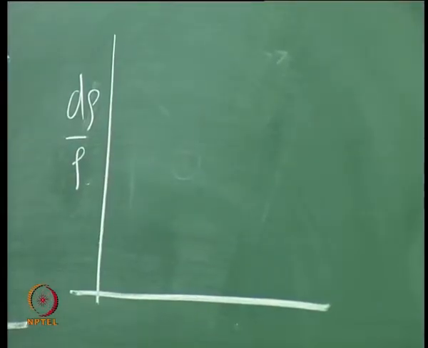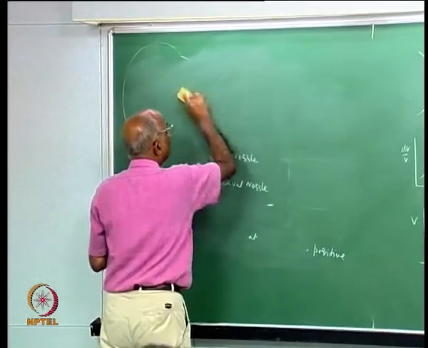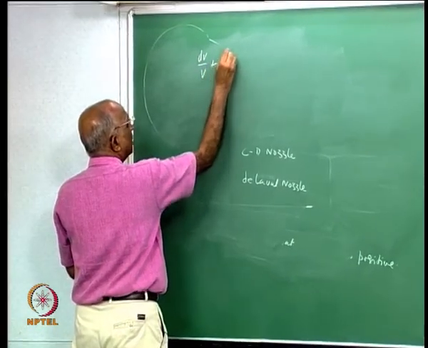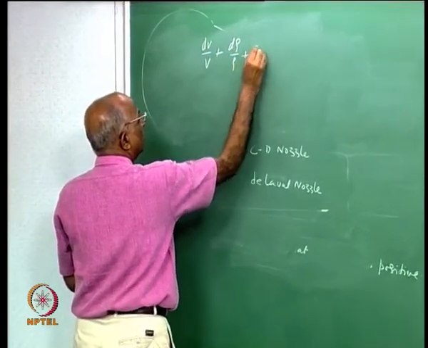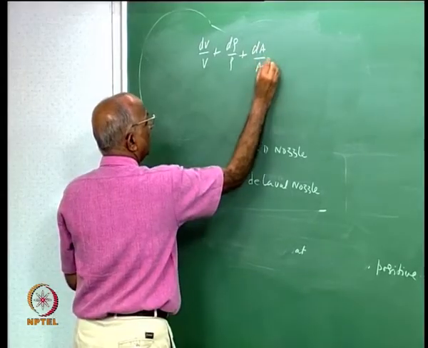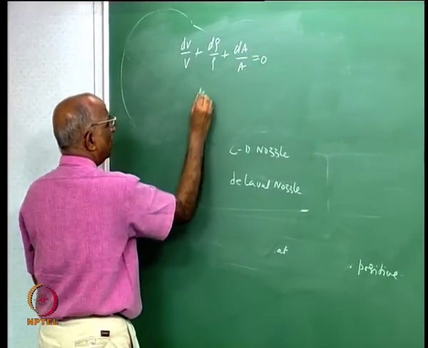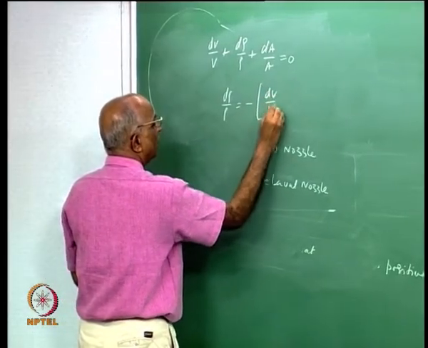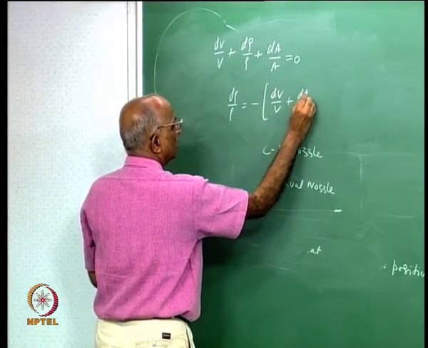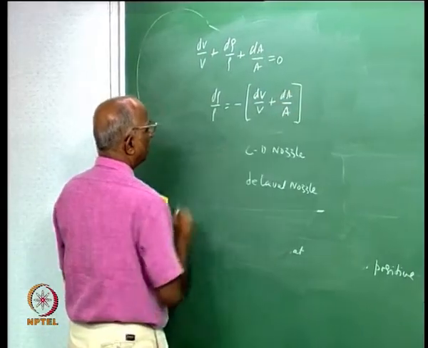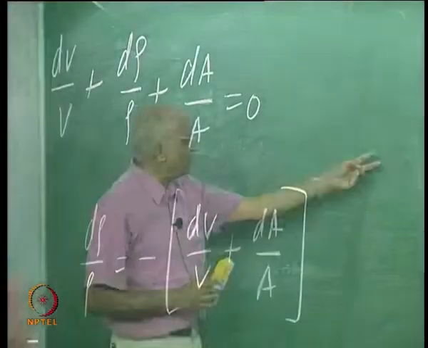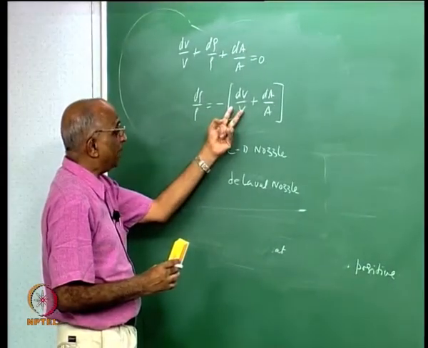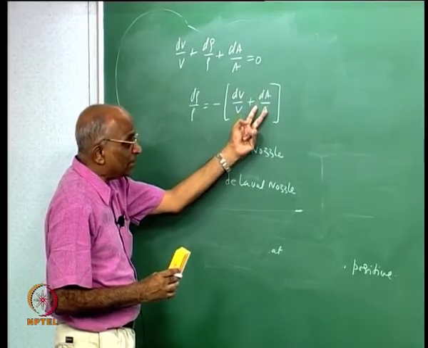Let us write that expression again. We had dV by V plus d rho by rho plus dA by A is equal to 0, or rather d rho by rho is equal to minus of dV by V plus dA by A. I know the value of dV by V increases like this, therefore d rho by rho will be negative, and dA by A initially is negative.